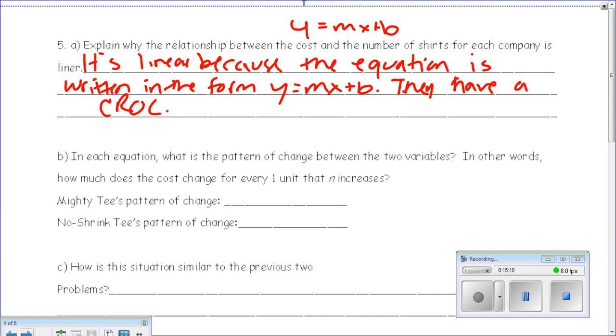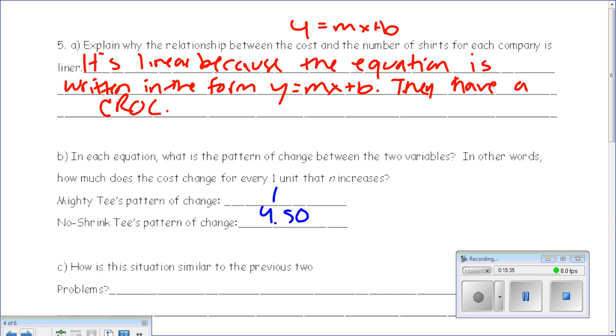Our constant rate, 1, and 4.5 is 4.50, really. That's what they're saying, $4.50. That's our constant rate when it's going up by 1 unit. Just by looking at those equations, you look at what your m is.